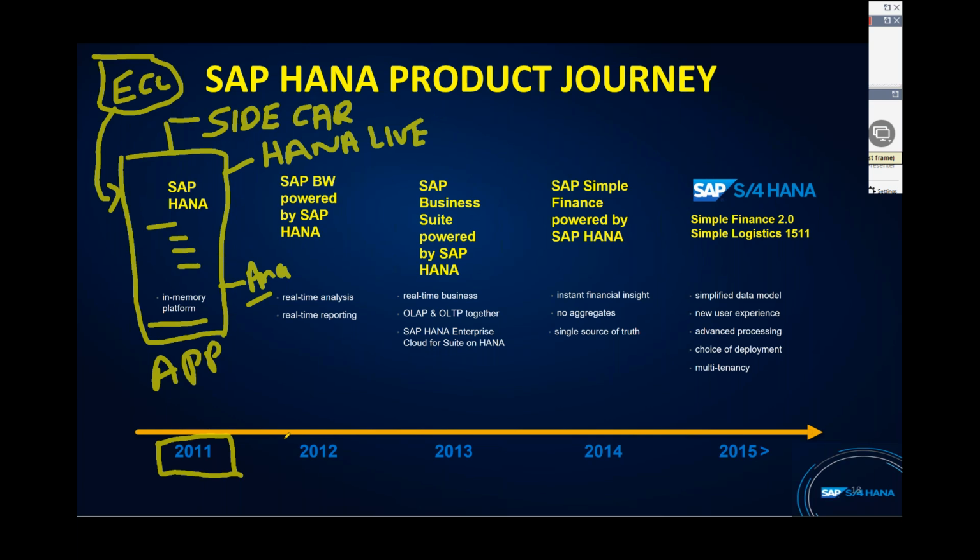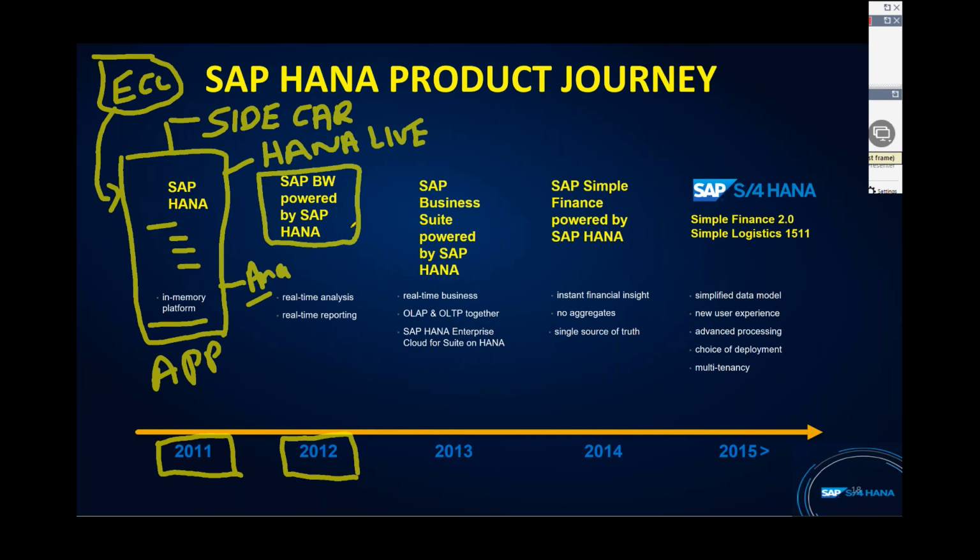Then in 2012, SAP came with their first product for HANA, that was BW on HANA. They made the capabilities in the BW system so that it can run on SAP HANA databases.